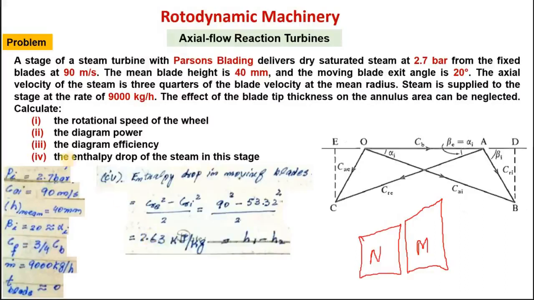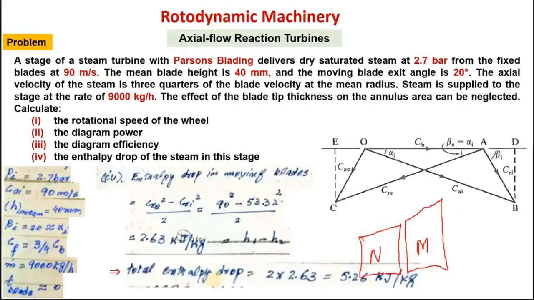We need to find the enthalpy drop of the steam in the stage, not just in the moving blades. So multiplied by 2 will be the enthalpy drop of the whole stage. The total enthalpy drop will be simply 2 multiplied by 2.63, which comes out to be 5.26 kilojoules per kilogram.